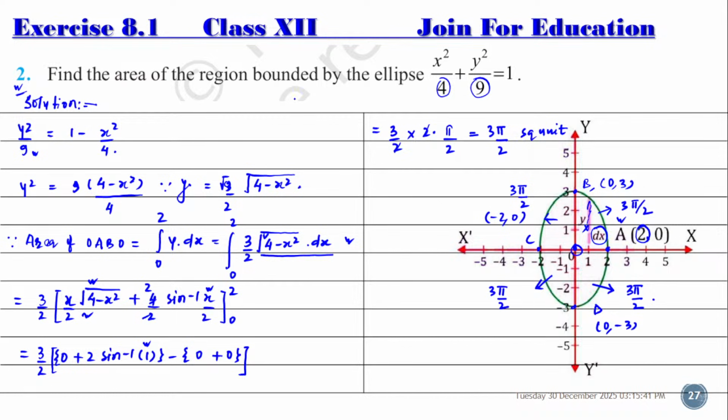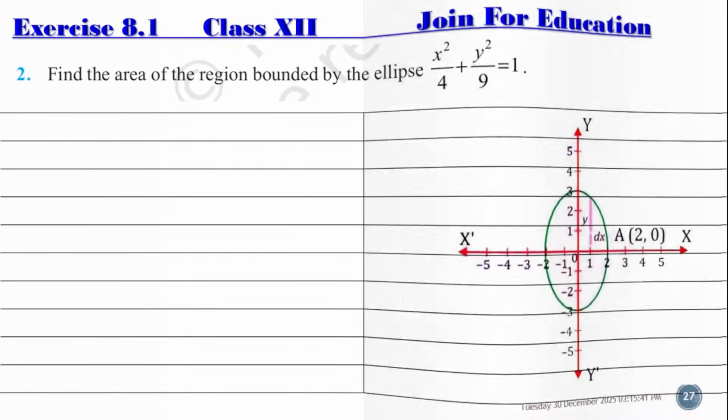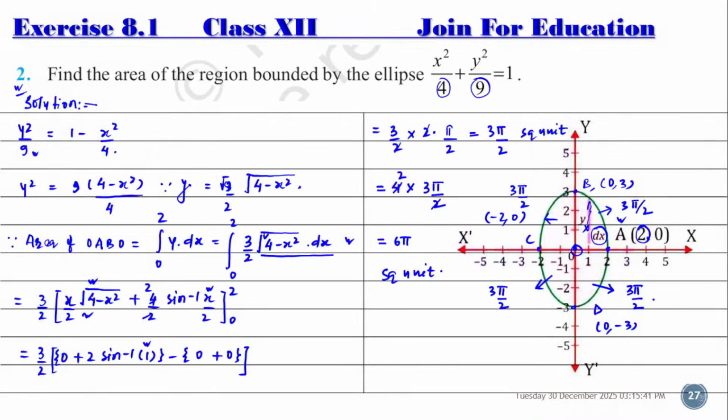Therefore the area of the region bounded by the ellipse will be what? 4 into 3 pi by 2 equal to, here 2 2 ja 4, 2 3 ja 6 pi square unit. After there is no problem to understand the solution of this question.